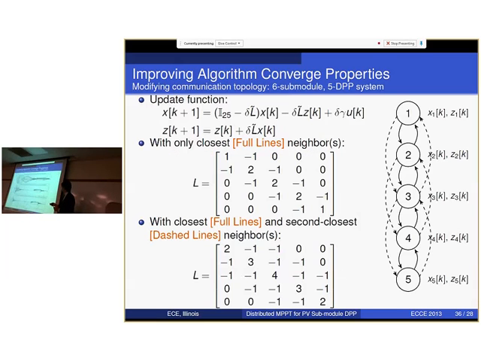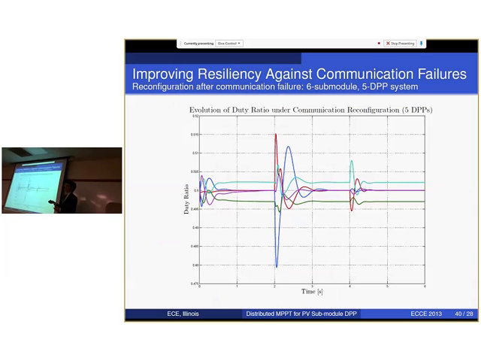So what is happening here is that once you change this configuration, before all the states settle to the new final value, there's a huge mismatch in the input, so it can play a significant effect on the change of duty ratio.